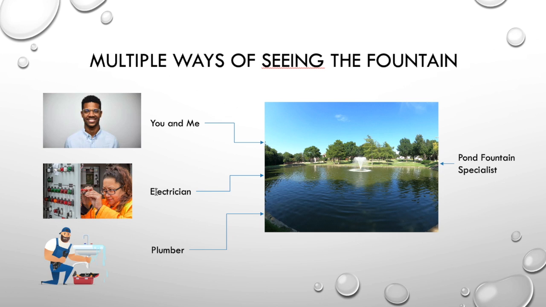An electrician may look at this and think a whole new set of data, a different way of looking, because that person is an electrician. Likewise, a plumber may be thinking of different things. And finally, there are pond fountain specialists who, when they look at this, are going to think of and see different things as well, different kinds of data.